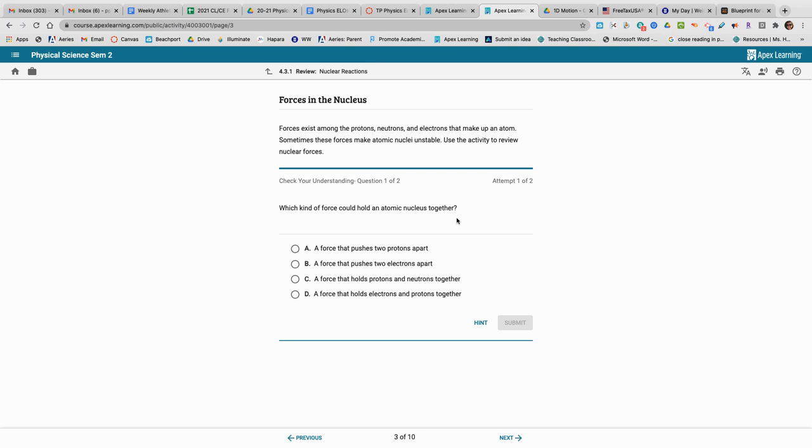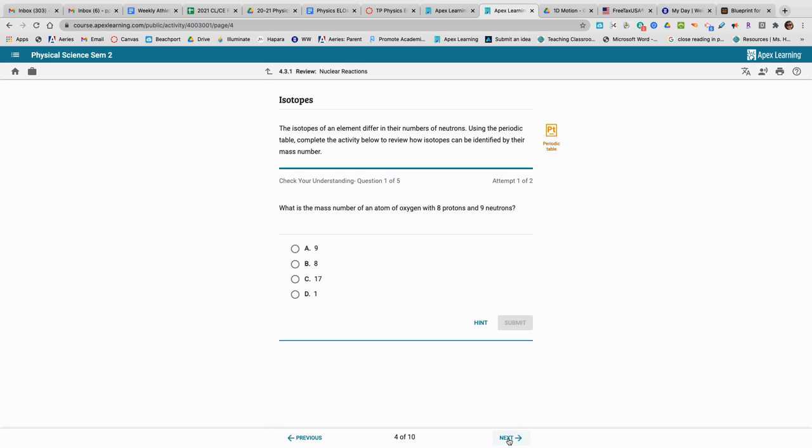So knowing that, your options are a force that pushes 2 protons apart. Do you think that would hold an atomic nucleus together? A force that pushes two electrons apart, a force that holds protons and neutrons together, and a force that holds electrons and protons together. Give it your best shot in terms of guessing and see where it takes you.